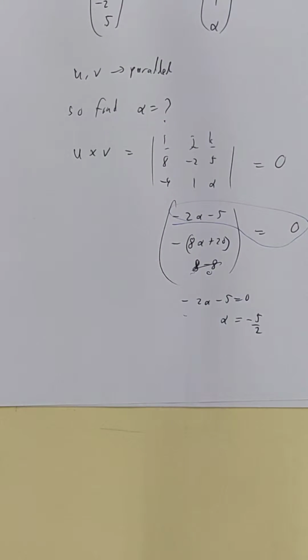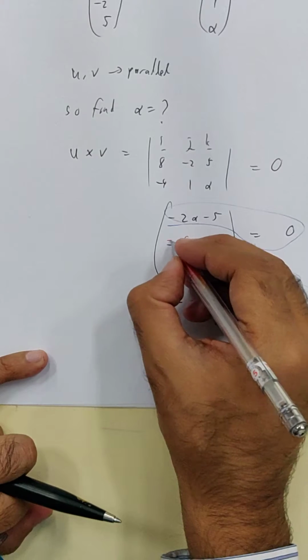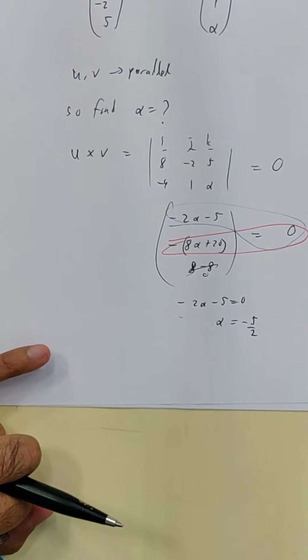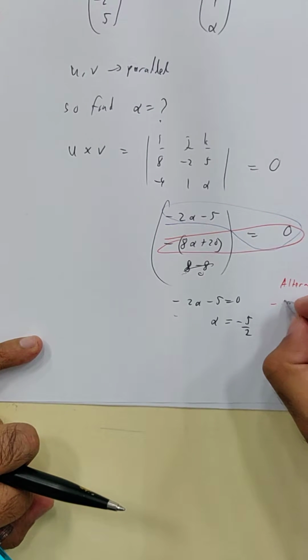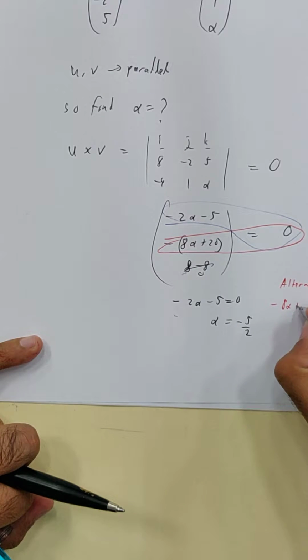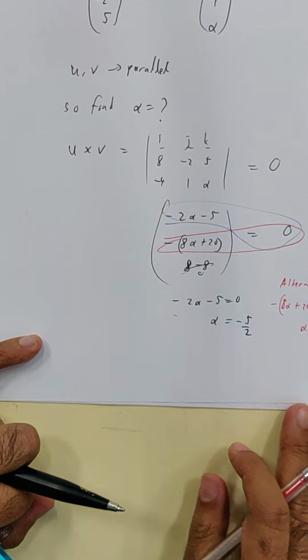Alternatively, simply take this branch. Negative 8 alpha plus 20 equals to 0, which gives you the same answer. Alpha is equals to negative 5 over 2.